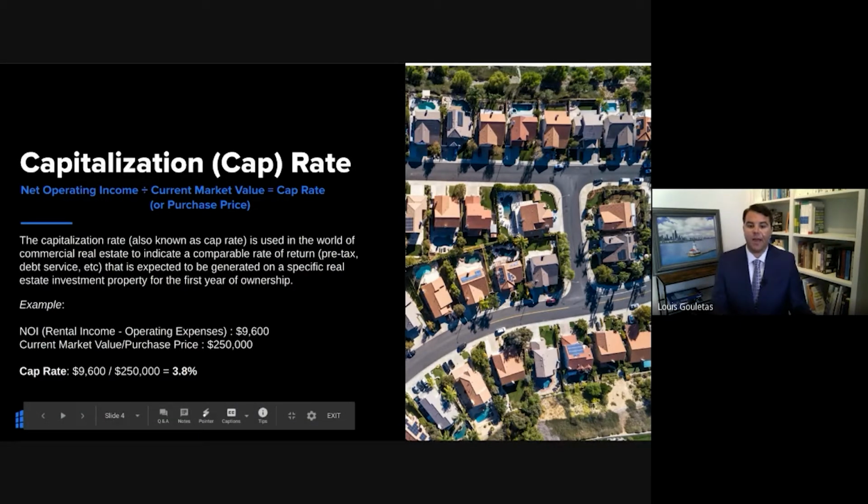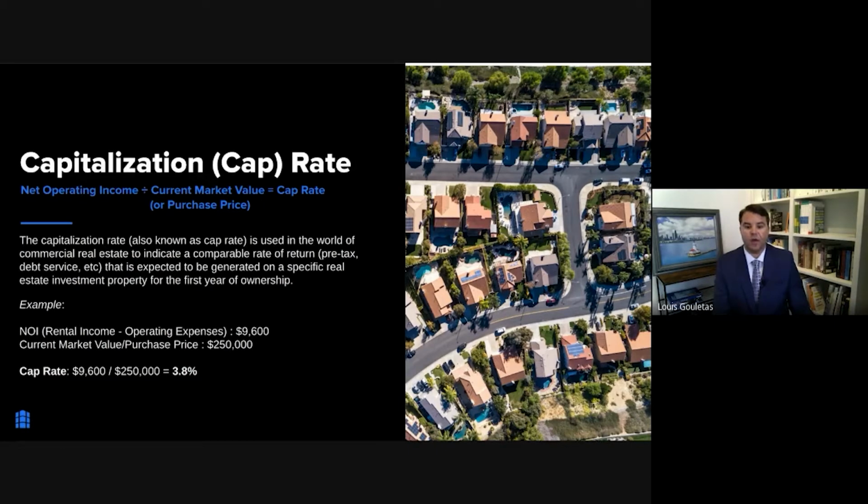And then I can compare that to a different property. So if I have $1,200 rent, times 12 months, and there's a 50% expense ratio on a $150,000 home, single family rental, I would have a 4.8 cap rate.